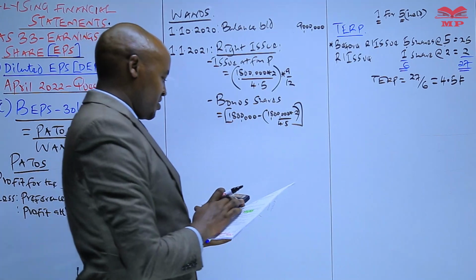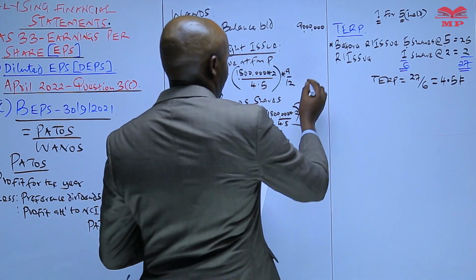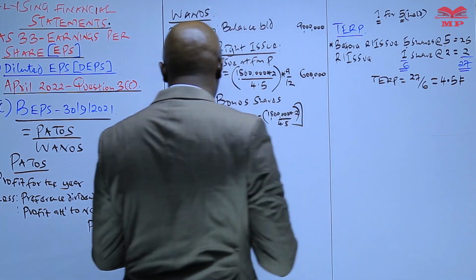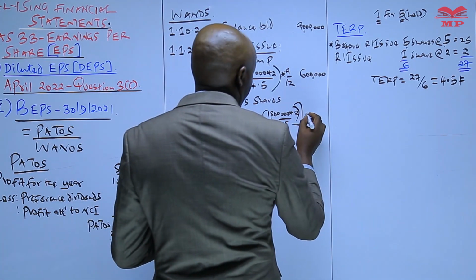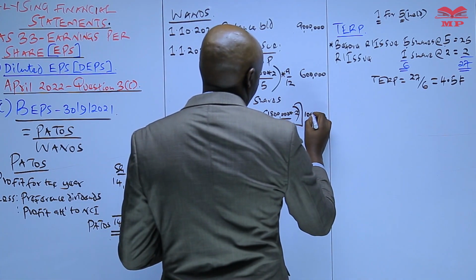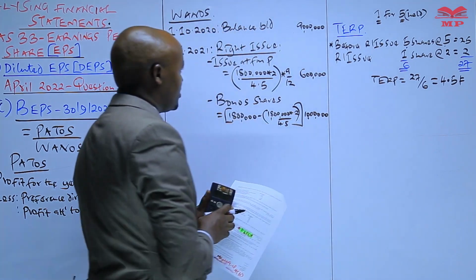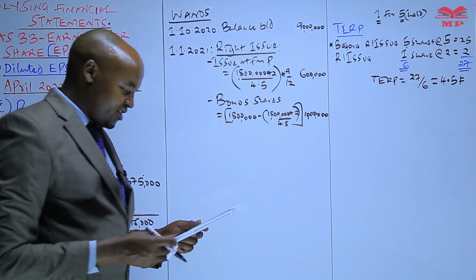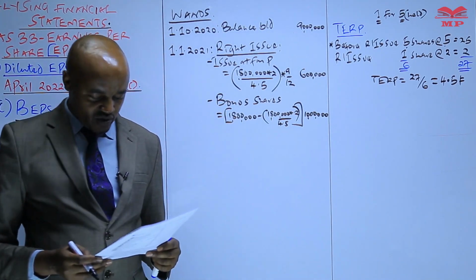So let's determine the shares issued at full market price, which will give us 800,000. And then we determine here the bonus element. We subtract that from 1.8, and this will give us 1 million. So these are the shares which were issued free of charge. So that's how we deal with the concept of the right issue.